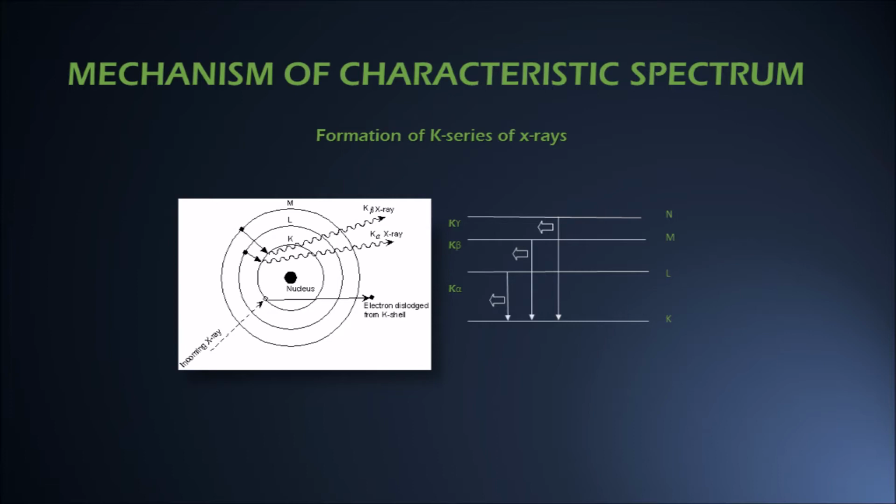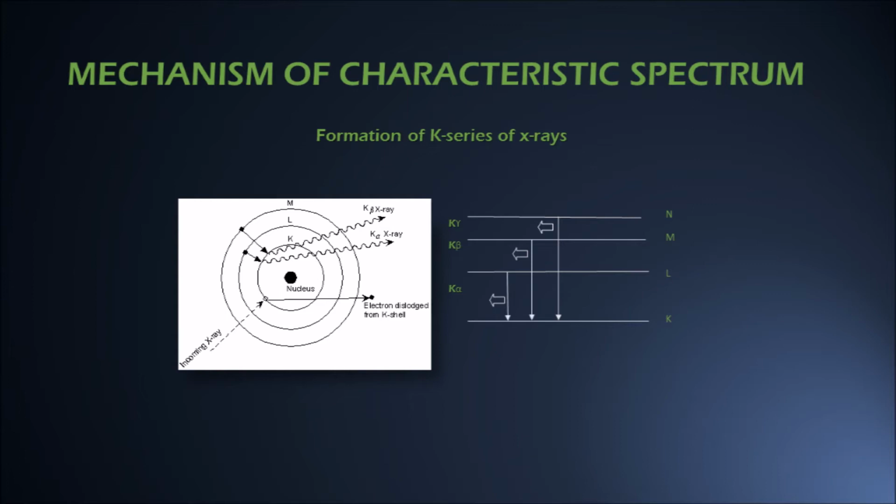If the orbital electron is shifting from L shell to K shell, then the energy emitted is E alpha equal to EL minus EK. When the electron shifts from M shell to K shell, then energy of X-ray photon will be EM minus EK, and so on.